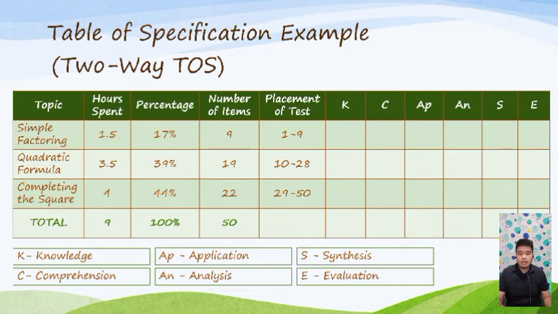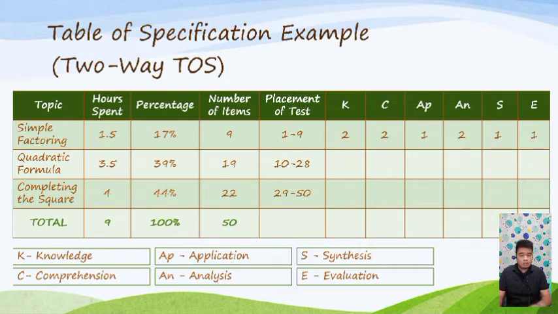Let's say, for example, out of 9 questions, I am going to put 2 questions for knowledge, 2 questions for comprehension, 1 question for application, 2 questions for analysis, 1 question for synthesis, and 1 question for evaluation.